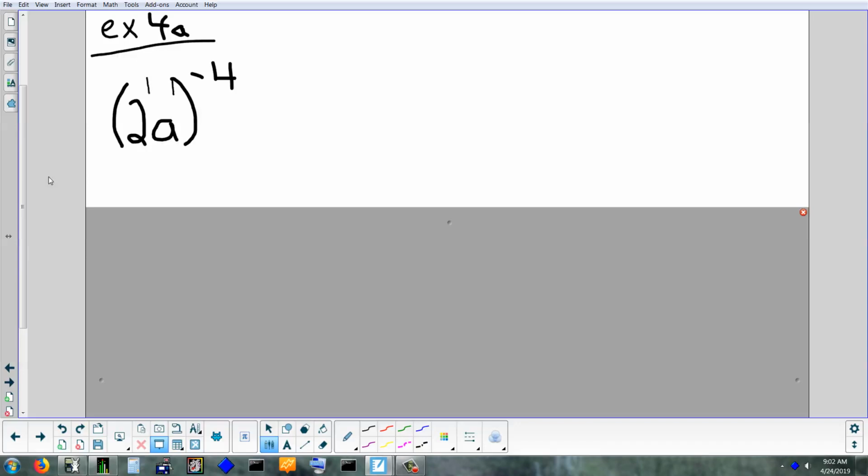Am I multiplying the negative 4 by 2, the negative 4 by the A, or by the 1s? By the 1s, right? This is power to a power. Multiply the exponent on the outside by the exponents on the inside. My bases don't change. I can write my bases right away, my 2 and my A.